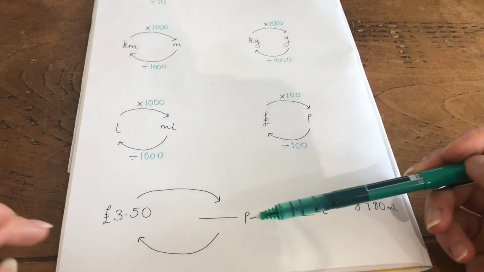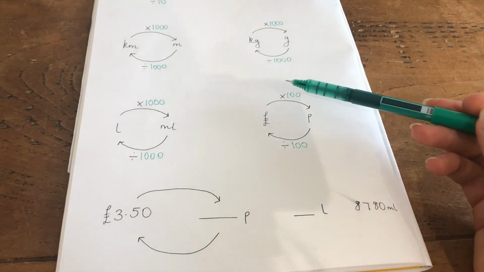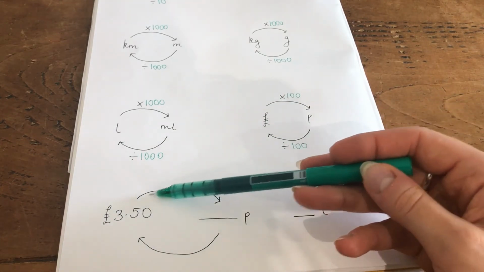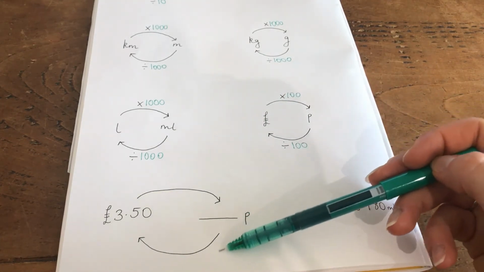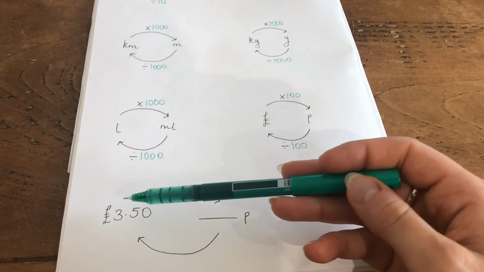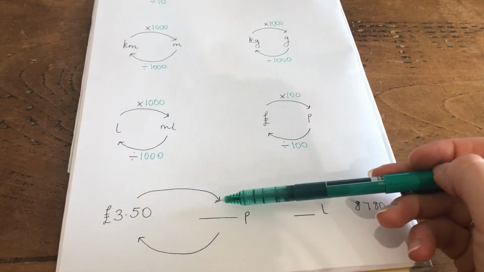£3.50 is how many pence? Okay, so we're going to use the loop diagram for pounds and pence to work this out. I've drawn the arrows in here to help us know what to do. We've got the pounds and we need to work out the pence, so we're following the top arrow.